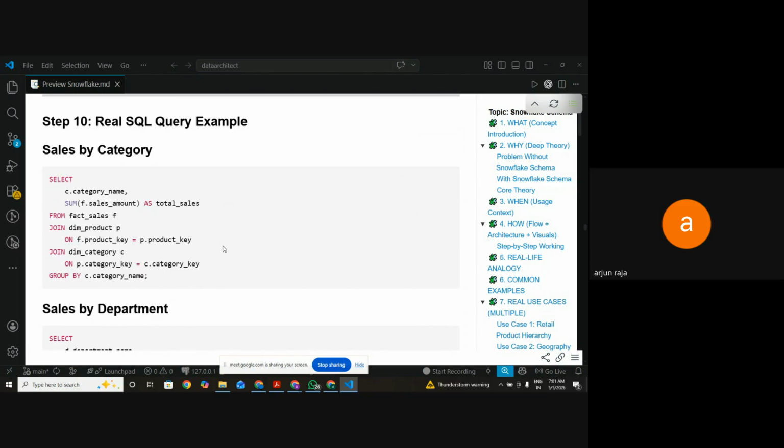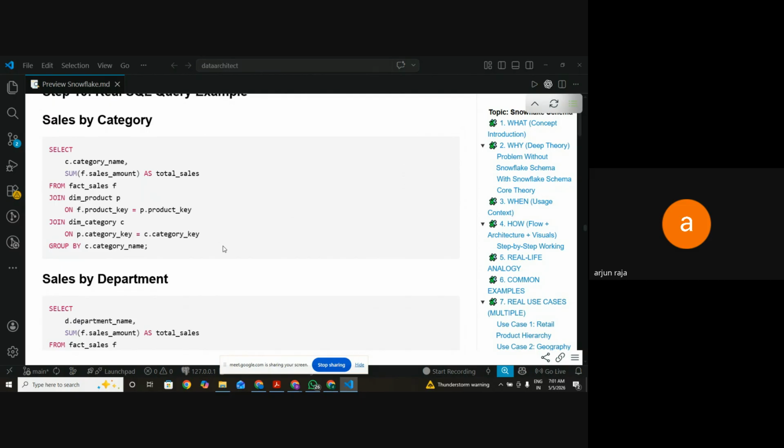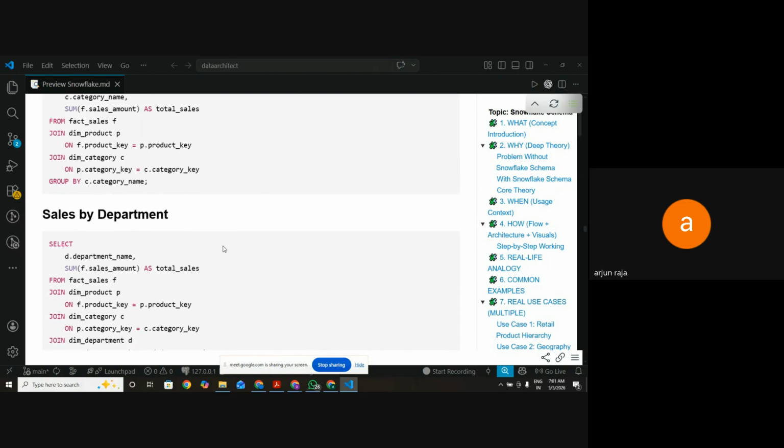We are grouping by category. So this is sales by category. Sales by department: similarly, we will group by department.